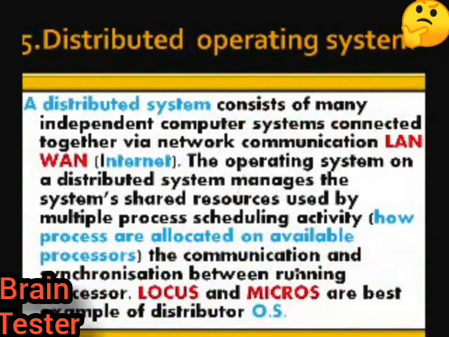Now next is the distributed operating system. A distributed system consists of many independent computer systems connected together via network communication: LAN, WAN, internet.